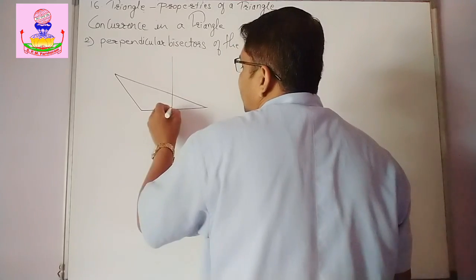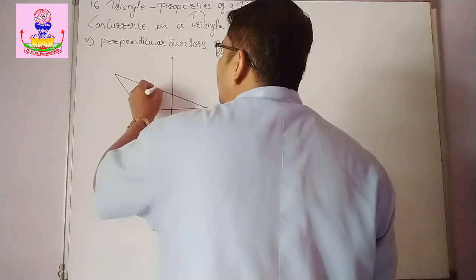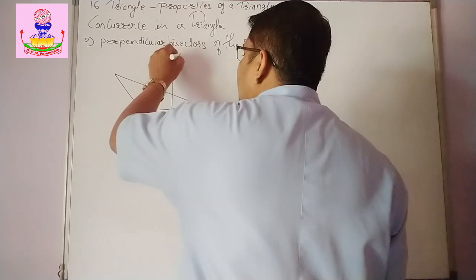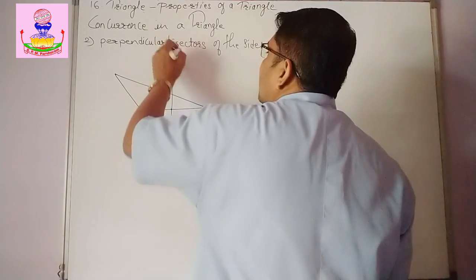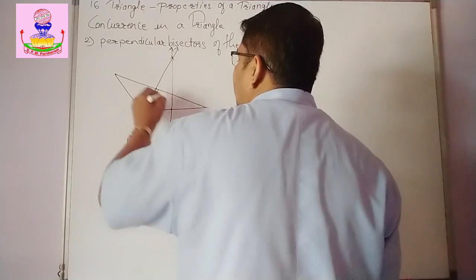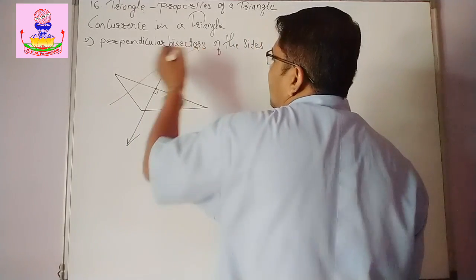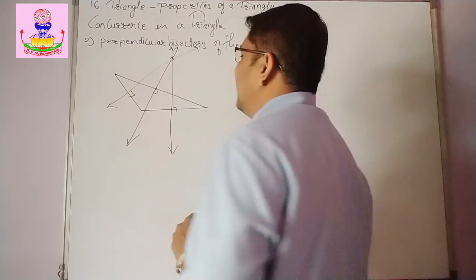Now this is my perpendicular bisector of this side. Then for this side, this is the perpendicular bisector here, and for this side it is somewhere here.